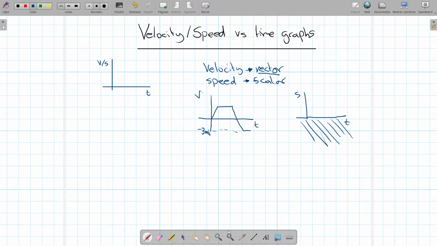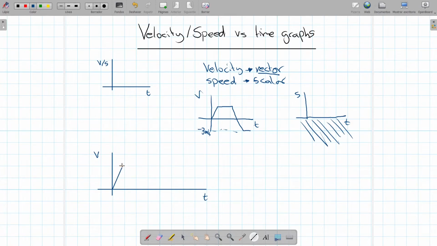Okay, so once we've established that, what are the main things that we have to see in both velocity and speed versus time graphs? Remember that we have time here and we have velocity. I'll keep with the velocity because it can be speed. Basically, we're going to have 4 types of shapes.